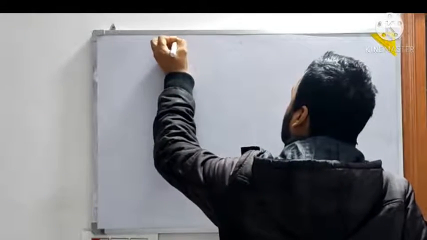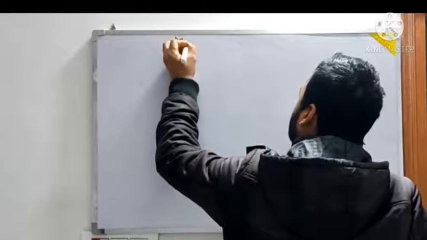Now see, part B I am doing from exercise 20A. Because B is a good question, then I'll take 21B part. So this is your mensuration.